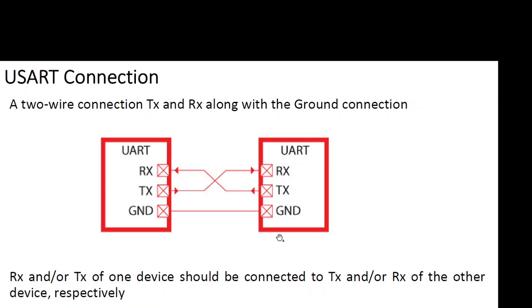So if you have this configuration, we can have serial transmit and receive mode both. If you only need the receiver for a particular device, you can only connect the receiver to the transmitter of the other device, and if you need the transmitter only, you can connect the transmitter to the receiver of the other device. You don't have to connect both if you are only using one, but there's no harm in connecting both.